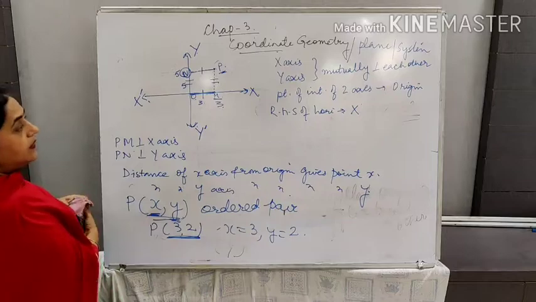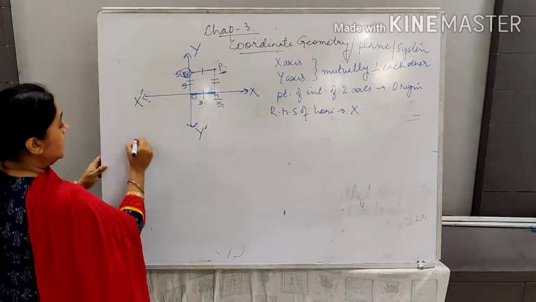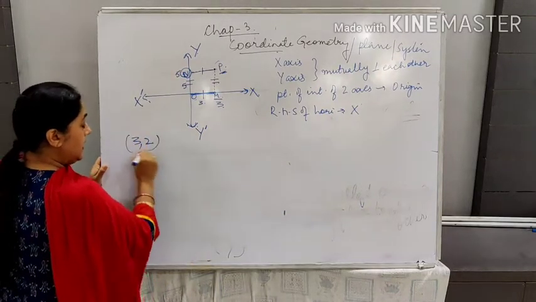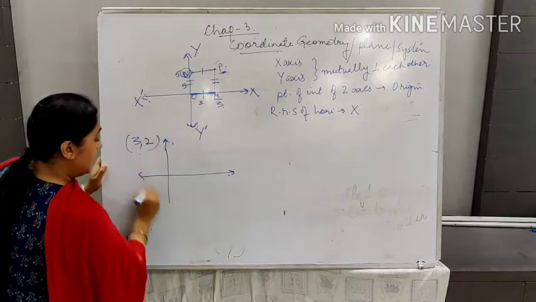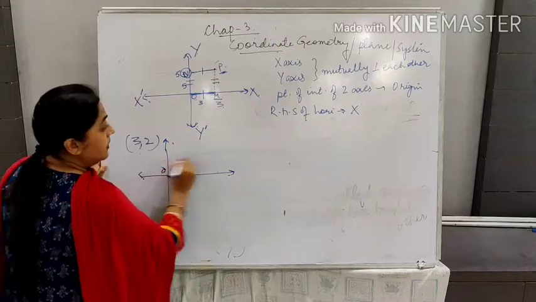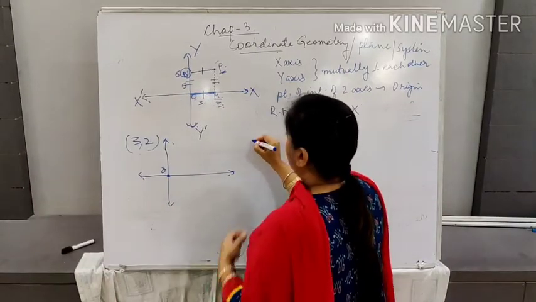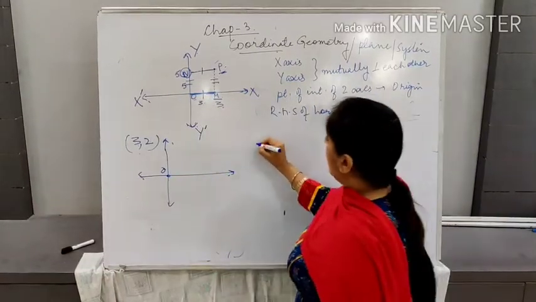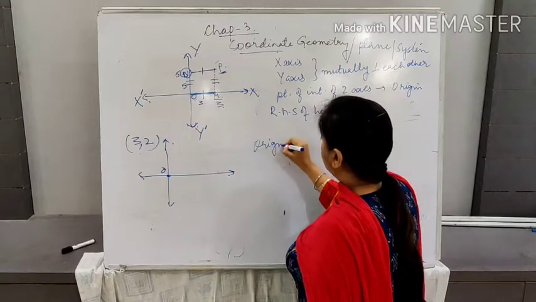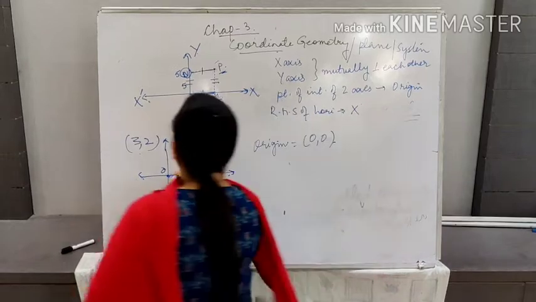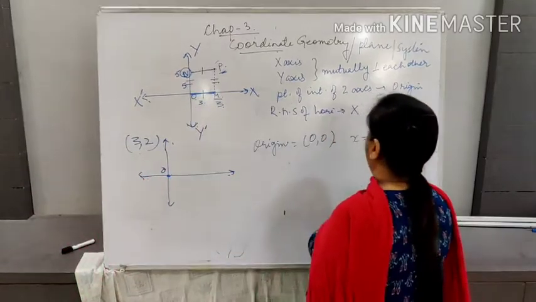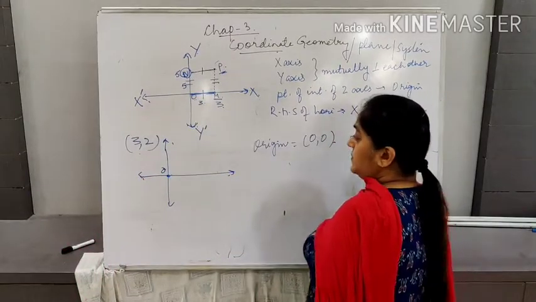What is it called? Ordered pair. So let us see the point (3, 2) again. If I have to locate (3, 2), please check it out here. This is my origin. Always remember, the coordinates of the origin are (0, 0). That means here x is equal to 0 and y is equal to 0.